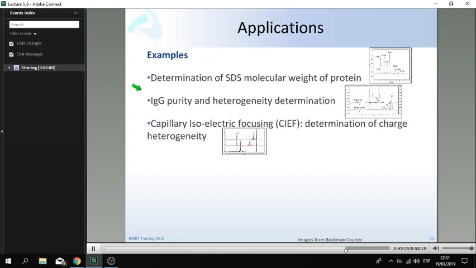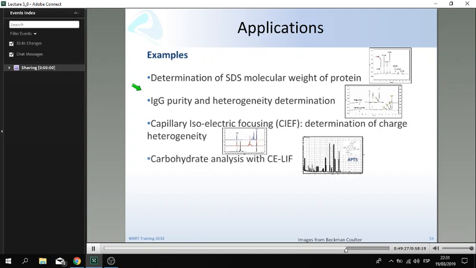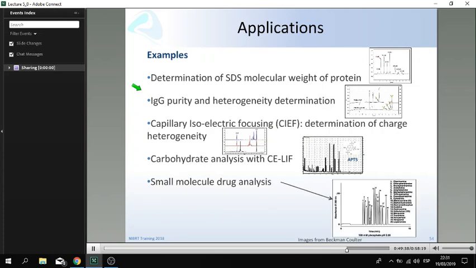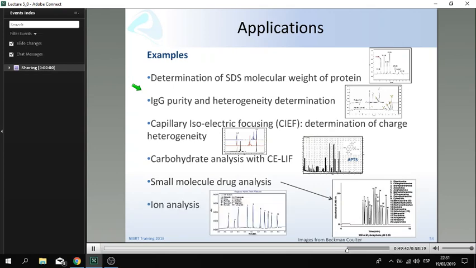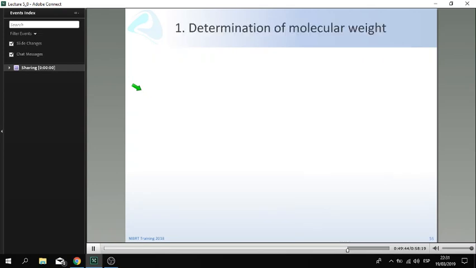You can use it to look at charge heterogeneity, so capillary isoelectric focusing. You can analyze carbohydrates or glycans with C-LIF, so you can make them fluorescent and then analyze them using laser-induced fluorescence. And it's used quite a lot for small molecule drug analysis and ion analysis.